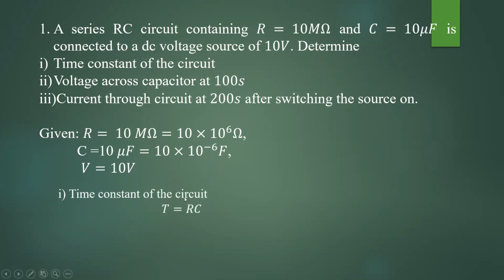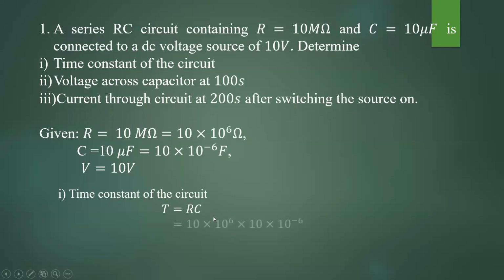The time constant of the circuit, tau, is equal to R into C. In a series RC circuit, the time constant is R into C. R is given, C is given, you substitute and calculate.